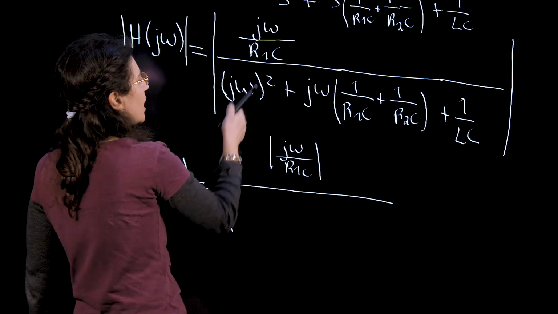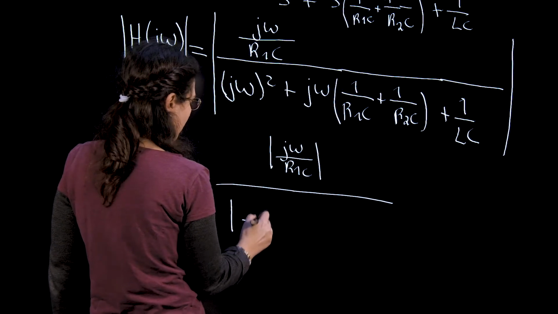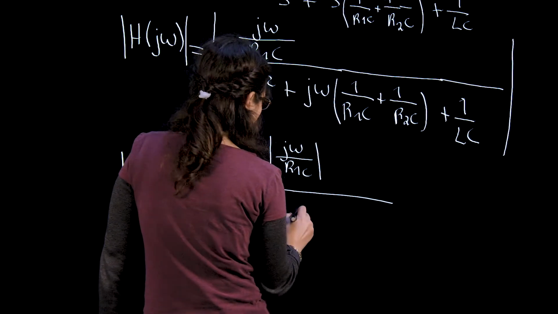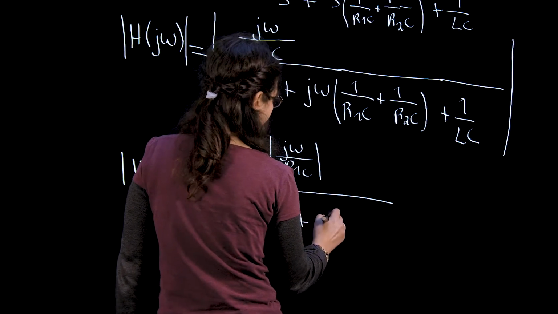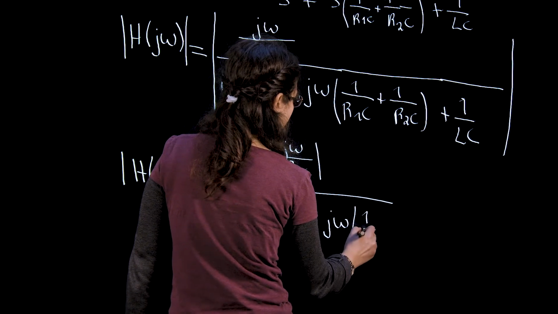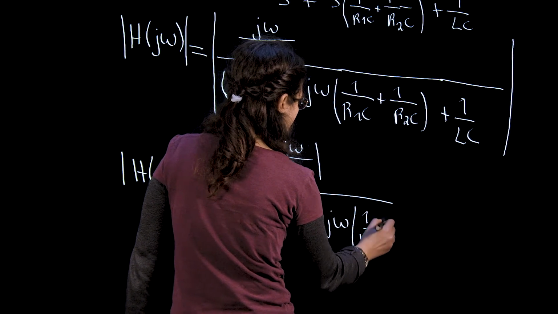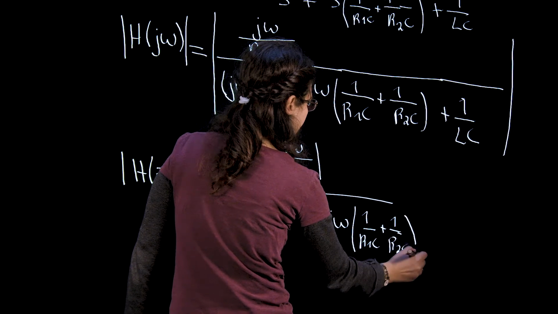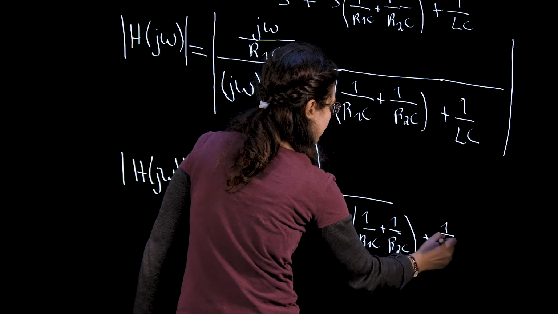Now, this j omega squared becomes minus omega squared because j squared is minus 1, plus j omega times 1 over R1C plus 1 over R2C plus 1 over LC.